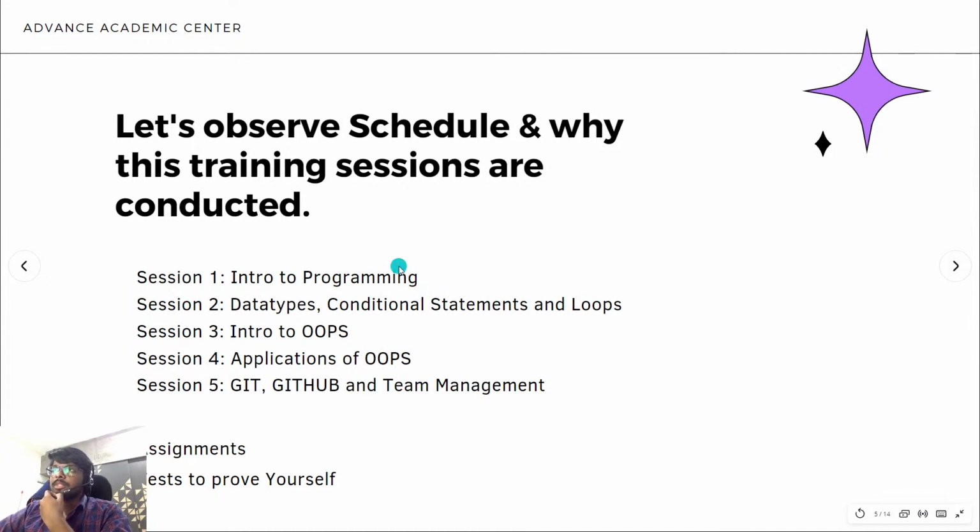In the free time you have between the sessions, we'll be giving you some assignments, and you need to complete those in this time. So the first session is today, the second tomorrow, the third on Monday, session four after a day's gap on Wednesday, and session five on Friday.